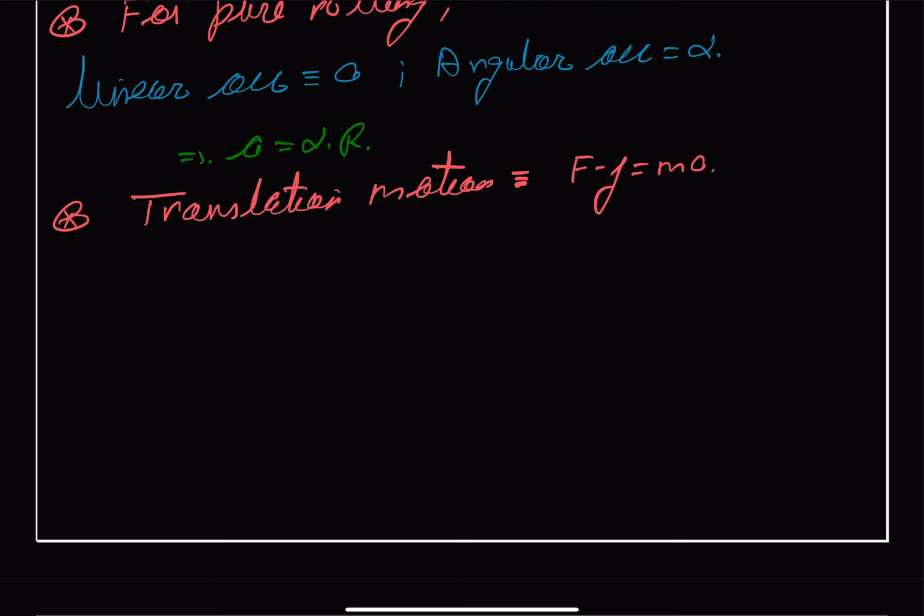The second type of motion is our rotational motion, or we can also call this torque about center of mass.